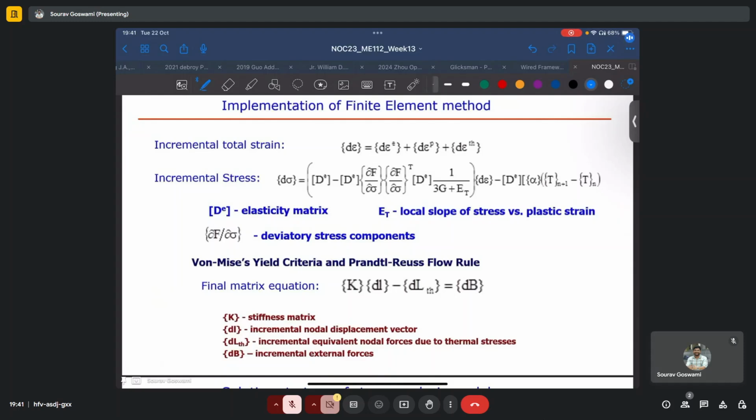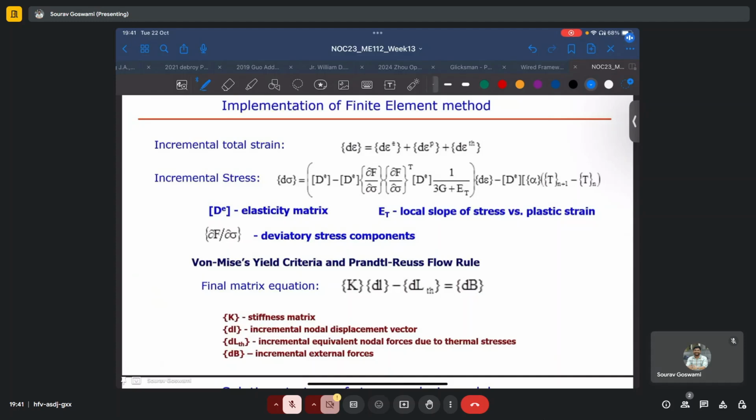So we can have the incremental total strain d epsilon as the sum of certain components: the elastic strain d epsilon e, plastic strain d epsilon p, and the thermal strain d epsilon th. There can also be the phase transformation term here.